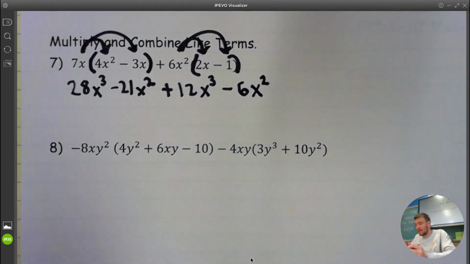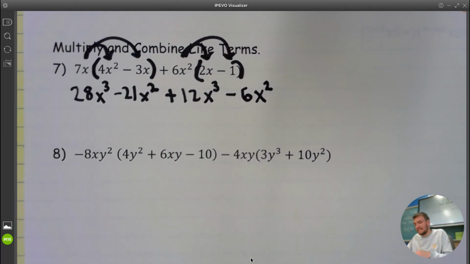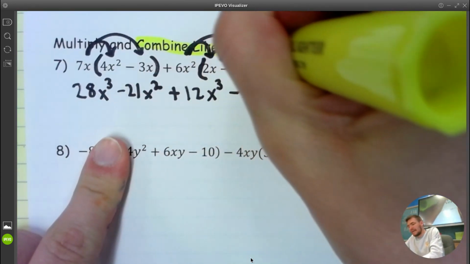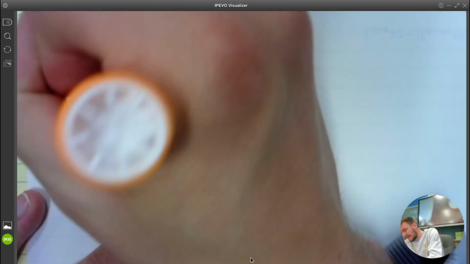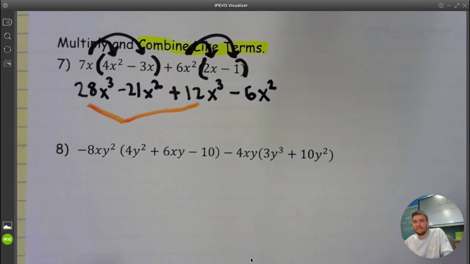Okay, now, we did family 1, family 2. It does say in the directions multiply and combine like terms. Because we have 2 different families and we have 2 different distributings, now I can notice x cubed, x cubed. Those things can combine.